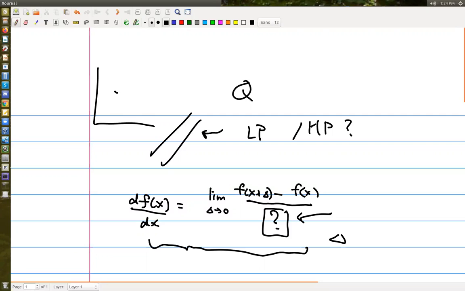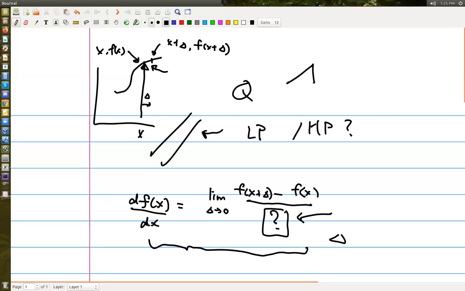It's trying to estimate the slope at a particular point. If I have a point x, I look ahead. If I go to x plus delta, I'm at the location x with f(x), and then I move up to x plus delta with f(x plus delta). I want to know how steep this slope is.